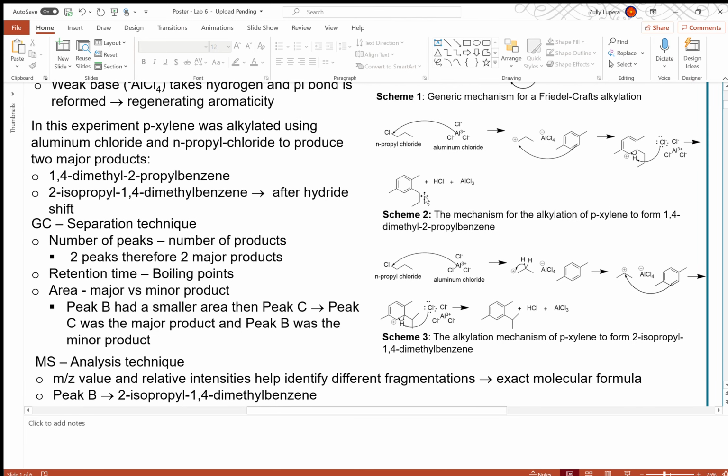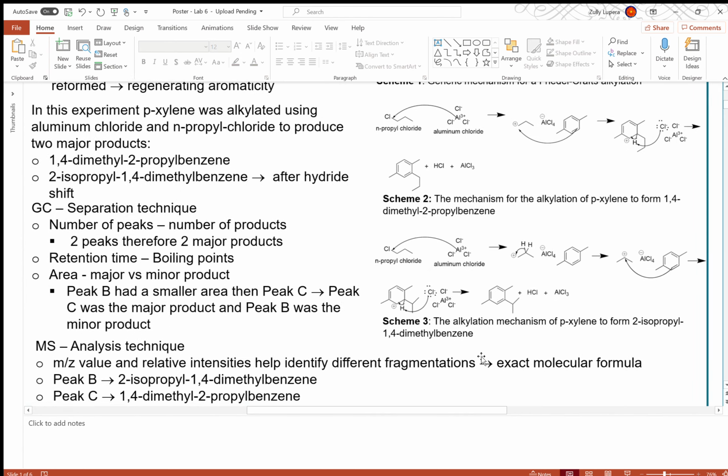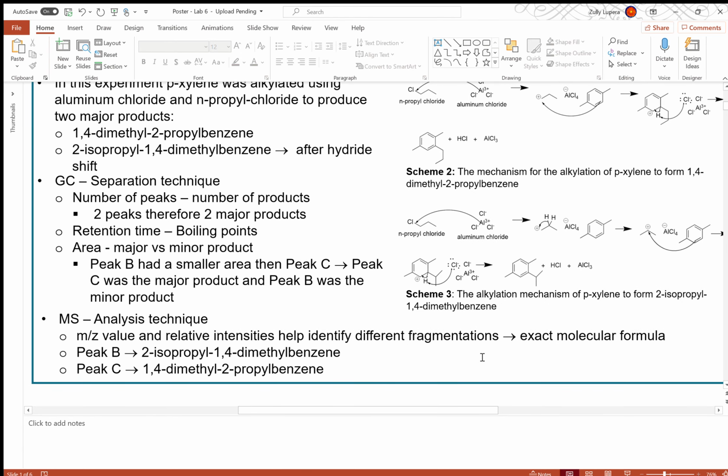And so we have two products: the 1,4-dimethyl-2-propylbenzene and the 2-isopropyl-1,4-dimethylbenzene product.